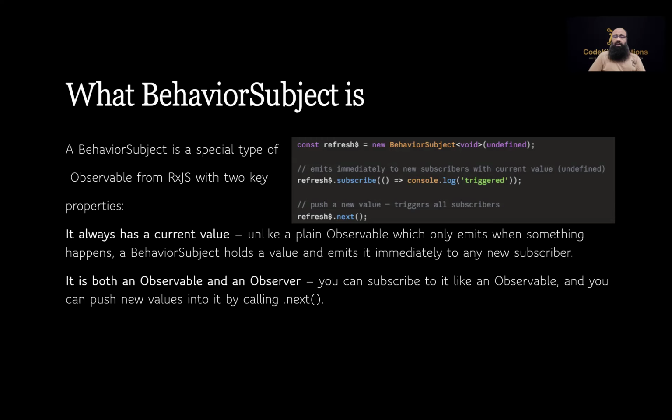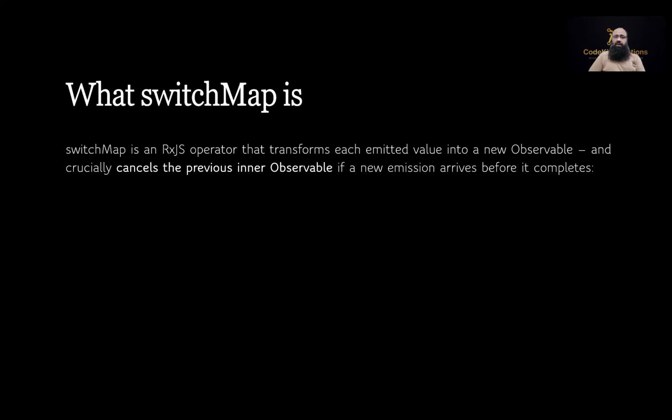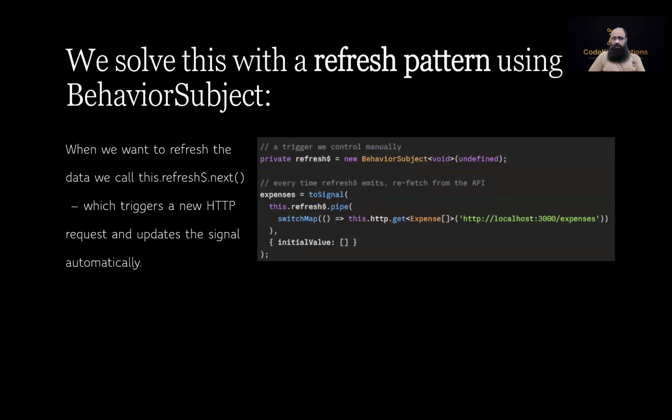So it is both an observable and an observer: you can subscribe to it like an observable, and you can push any new value into it by calling .next. We use void as the type because we don't care about the value. You can see void being used in the BehaviorSubject. We are only concerned with whether it gets emitted. Now for switchMap, let me quickly show you where that is.